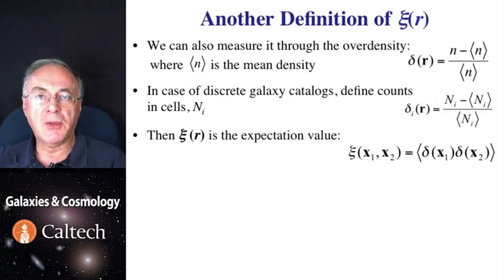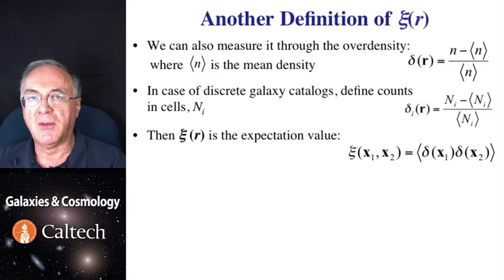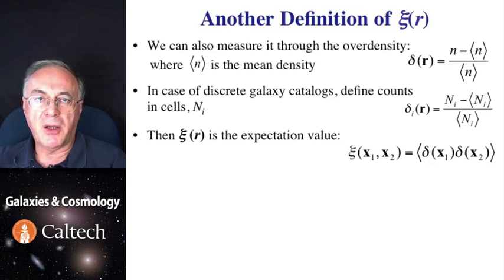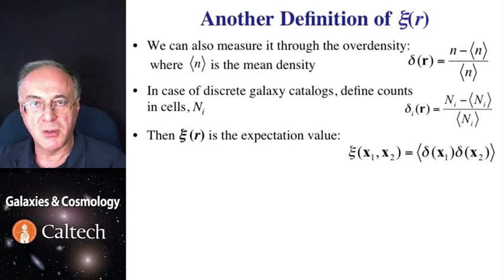Now, if you're not counting individual galaxies, but have essentially a galaxy density field where you can divide galaxies in boxes or pixels, then numerical galaxy density can be used in the same fashion. You subtract the expected average from the actual count n and divide by the average. So if you do this for any kinds of pairs or density pairs, then psi of r is really the expectation value of this probabilistic distribution.